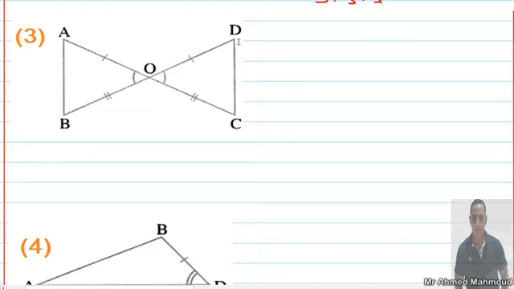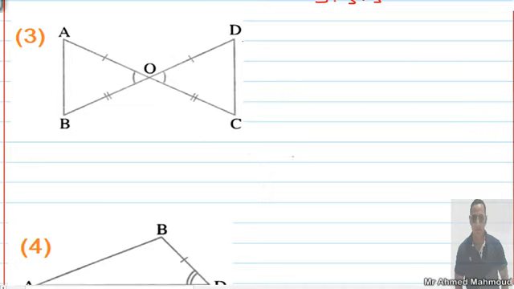Angle DOC equals angle AOB, its angle. Angle O is included between the two sides in both triangles, then the case here represents SAS, and the two triangles are congruent.